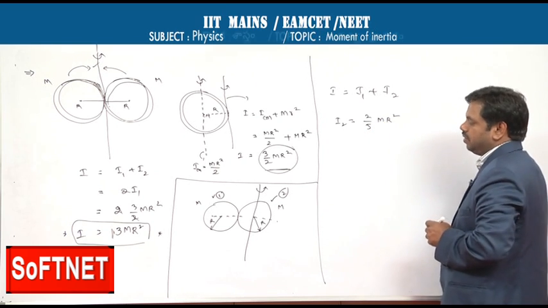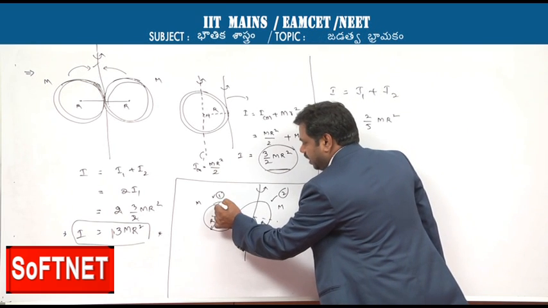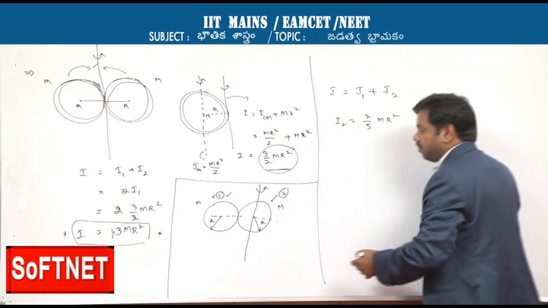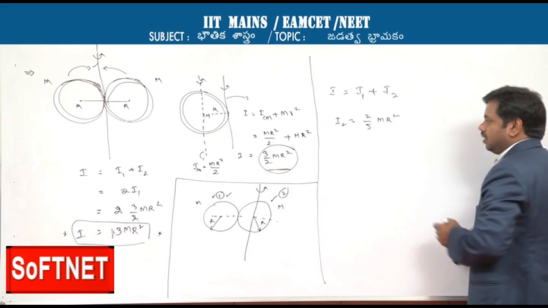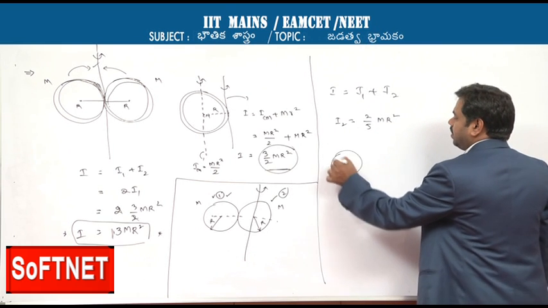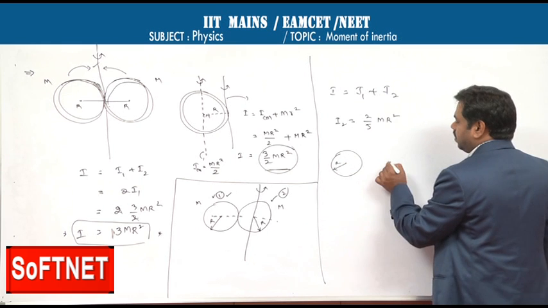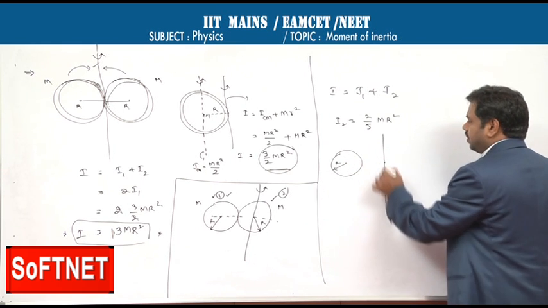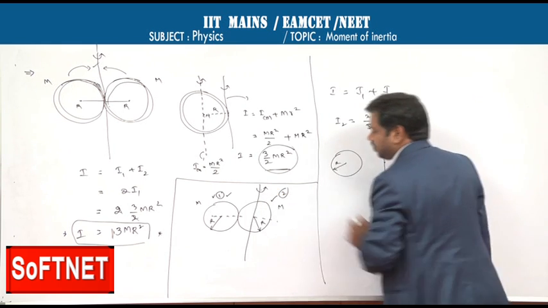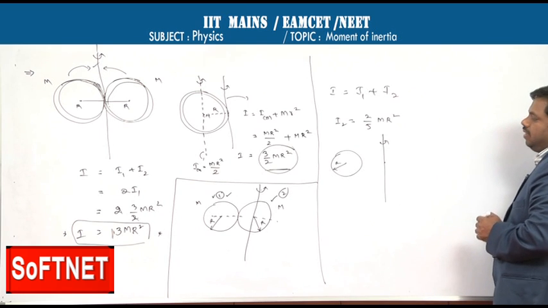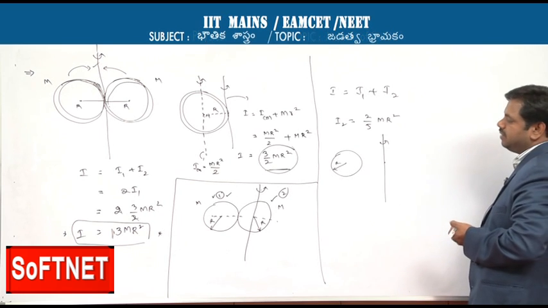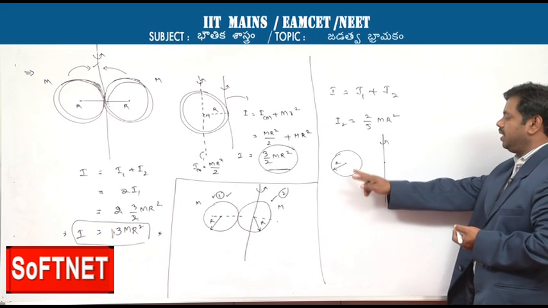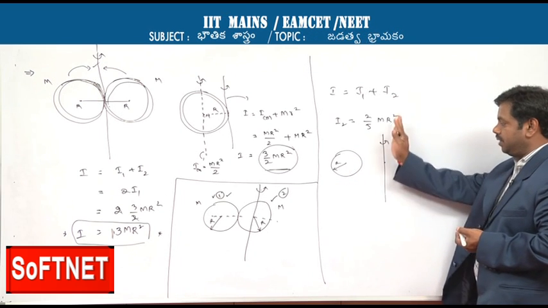And next, we have to find out the moment of inertia of the first sphere about this axis. That means this is the first sphere, radius capital R. We have to find out about this axis. Now again easily we can apply the parallel axis theorem to find out the moment of inertia of this solid sphere about this axis.